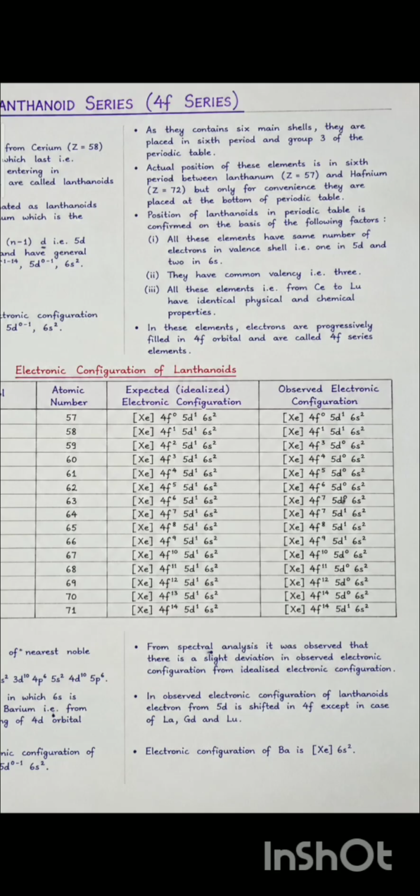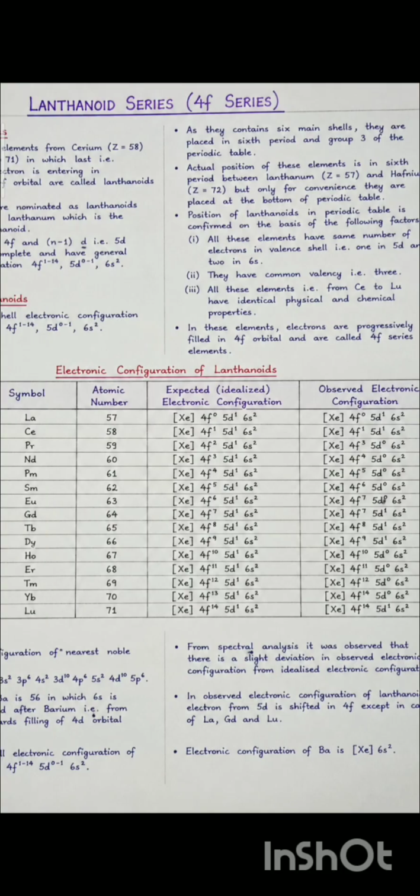Samarium and thulium possess plus 2, and samarium, europium, ytterbium behave as reducing agents. Ions like Ce plus 4 and Tb plus 4 act as good oxidizing agents. Means the plus 2 oxidation state acts as a reducing agent, and plus 4 acts as an oxidizing agent.